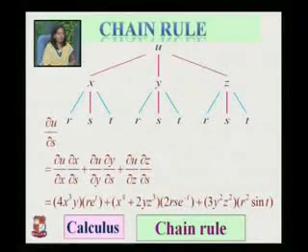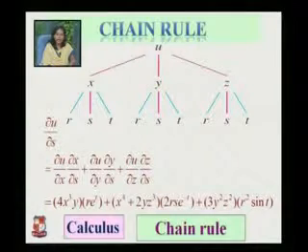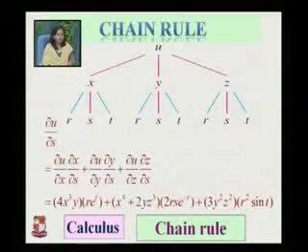So the derivative of u with respect to x is 4x cube y. The derivative of x with respect to s is r e raised to t, plus the respective derivatives all given on our screen.